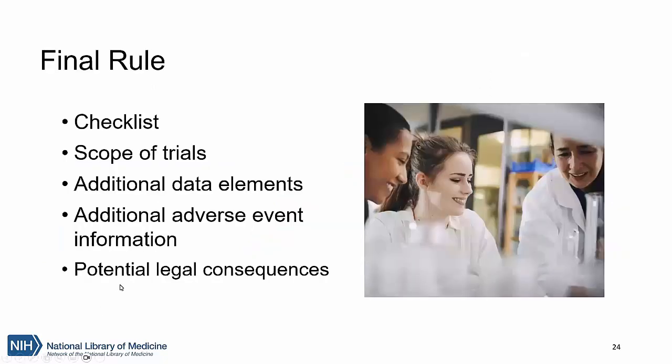So let's go into a little bit about the final rule. The final rule provides a checklist for evaluating which clinical trials are subject to the regulations and who is responsible for submitting that required information. It expands the scope of trials for which summary results information must be submitted to include trials involving FDA-regulated products that have not yet been approved, licensed, or cleared by the FDA.